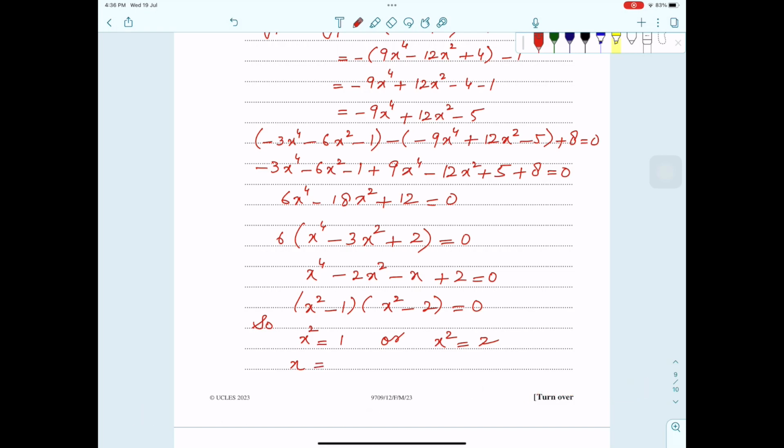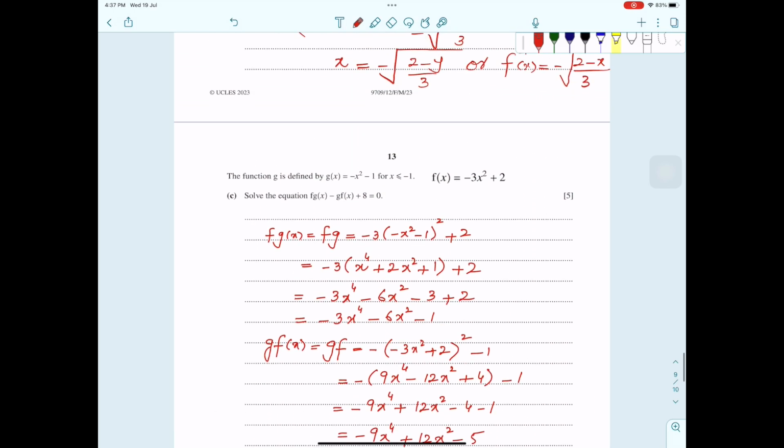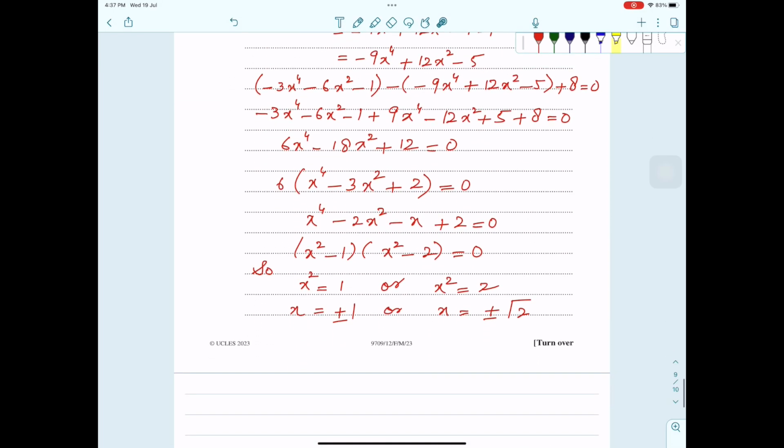Now you can take the square root and you will write plus or minus sign. But you will write only the appropriate sign over here. It depends on the domain. See, x was less than or equal to minus 1. So now I am going to write x is equal to minus 1. And similarly, I will write x is equal to minus under root 2.